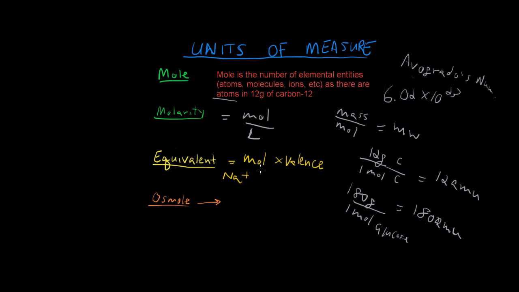So 1 mole of sodium times 1 equals 1 equivalent. If we had calcium, this is 1 mole of calcium times 2, because there's 2 charges, equals 2 equivalents. So you can see the difference between molarity and equivalence.